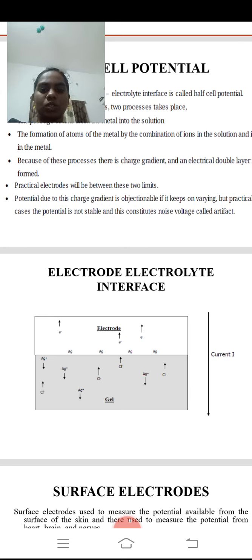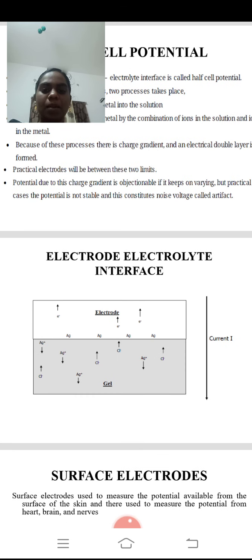The figure shows the electrolyte interface. In general, here we have Ag plus ions and Cl minus ions. Positive ions move away from the electrode and negative ions move towards the electrode. At one stage, the negative ions and positive ions move away from this electrolyte concentration. Due to this, an unbalanced condition occurs, from which a potential difference develops, known as the half cell potential.